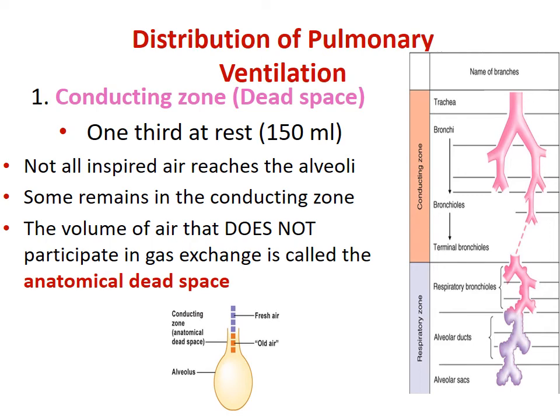Some remains in the conducting zone, which means that whatever is remaining here is not taking part in the gaseous exchange because gaseous exchange is taking place in the alveoli, right? So this particular air which is not used in the gaseous exchange is called dead space air, the volume of air that does not participate in gaseous exchange.